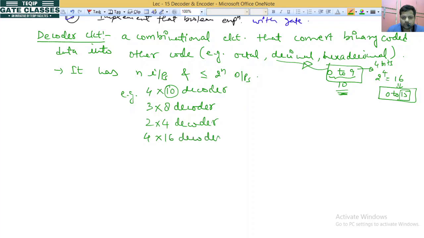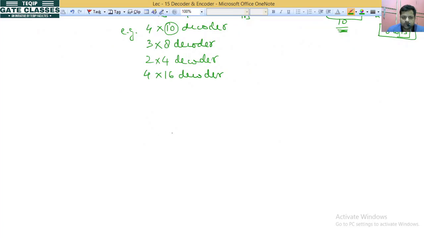So all these are decoders. Now suppose I have a block diagram of a decoder. If we have n inputs here, it is an n cross 2 to the power n decoder.